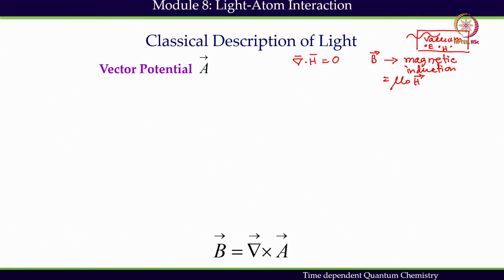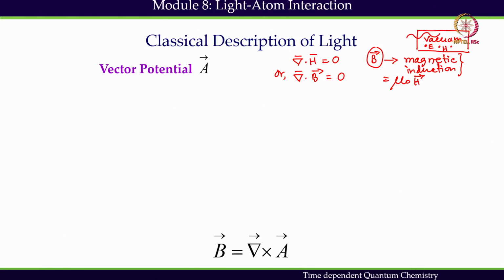We do not want to get into more details of this derivation, because this comprises the entire classical description, physical optics part, and we don't want to get into that. So, in vacuum, we will present it in terms of B. In terms of B, the entire equation remains the same. Technically it is called magnetic induction, but we can also say that it is a magnetic field in the vacuum.